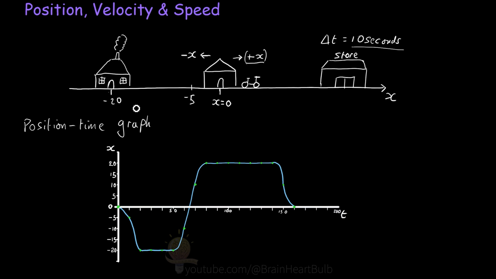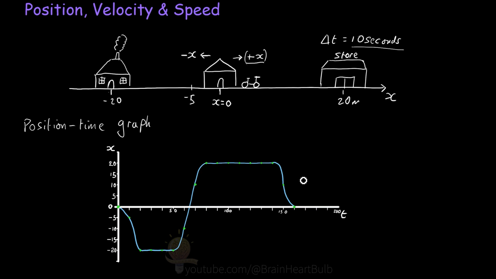And then we spend 30 seconds helping our neighbour in with her shopping. And then we head in the opposite direction until we reach the store, which is in the positive 20-meter location. We spend 10, 20, 30, 40, 50, 60 seconds there, so 1 minute, and then we head back home, which is at 0 meters, our point of reference.